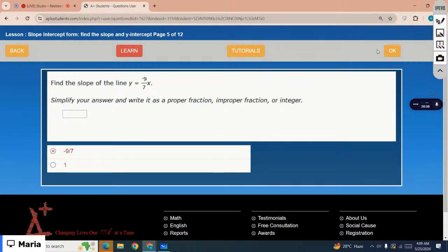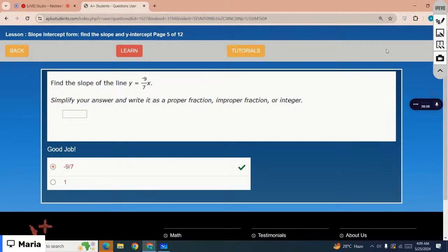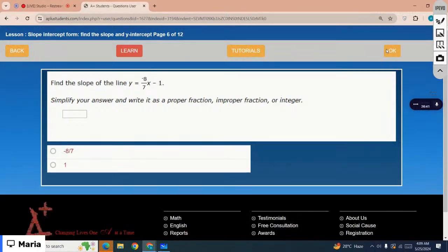That is negative 9 over 7. Find the slope of the line y equals negative 8 by 7x minus 1. So which is the slope? That is negative 8 over 7. Option number 1 is the correct option.